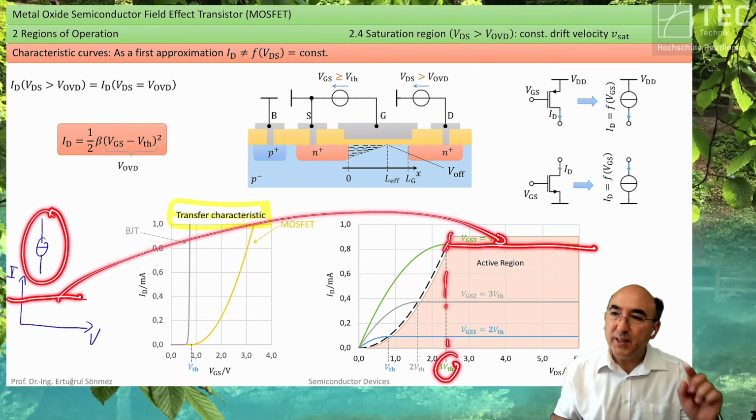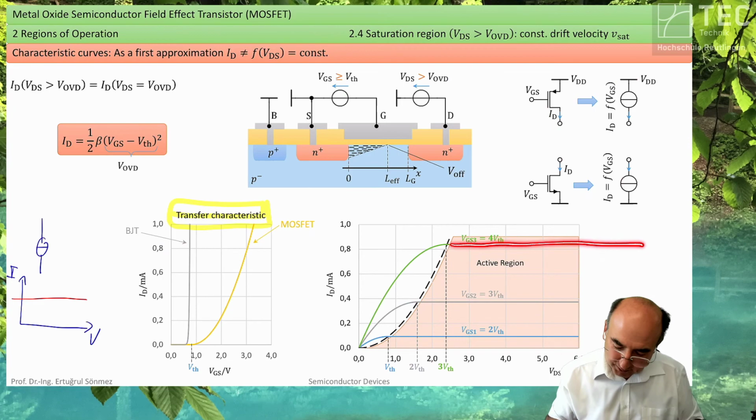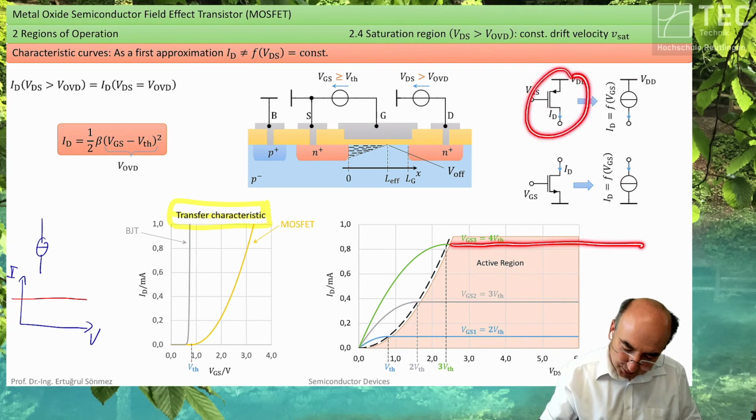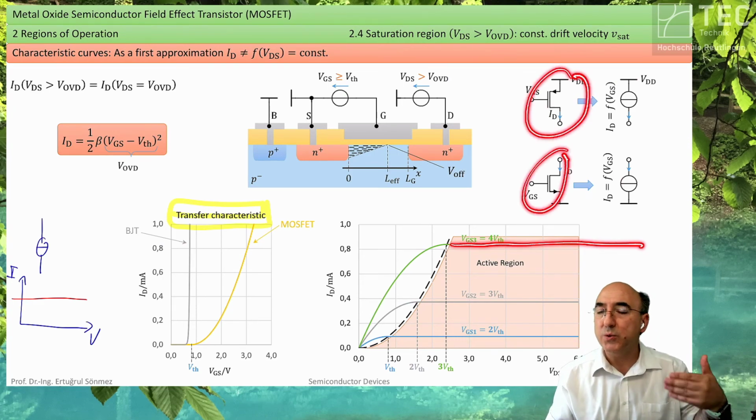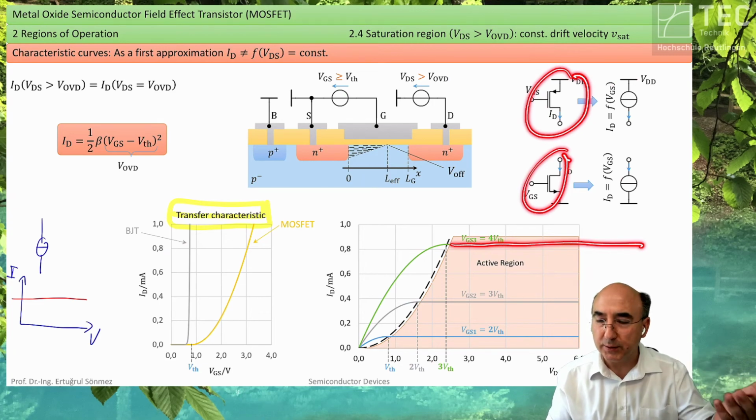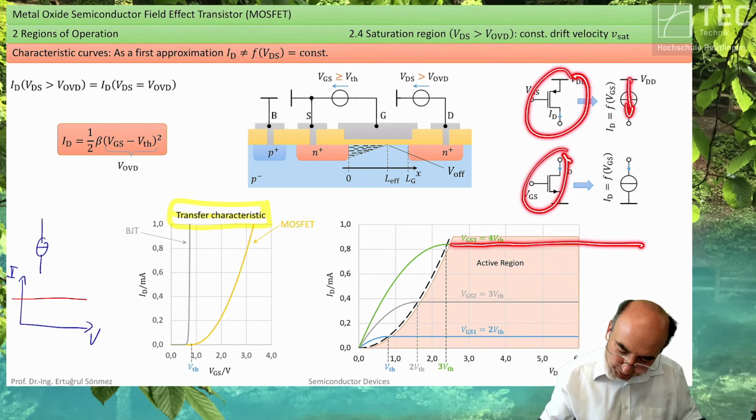That means if you keep in this area, your transistor is a so-called current source or a current sink.